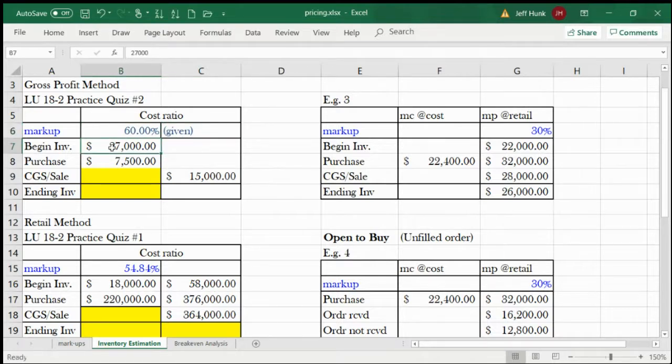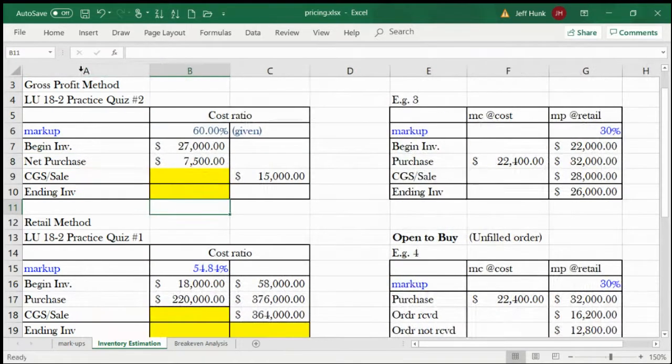That's the cost ratio. And we have beginning inventory, net purchase. Of course, I just put purchase there, because putting net purchase would make it, okay, let me see, because of this, right?